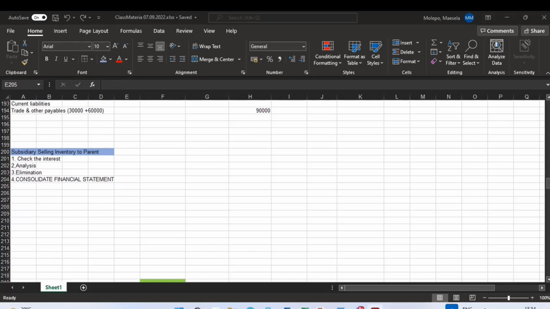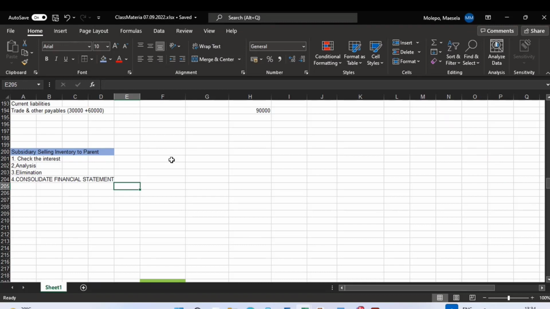So we have the information whereby they say they acquired 80,000 of the 100,000 shares issued, so the investment is 80,000 ordinary shares. So 80 divided by 100 will be 80%, right?